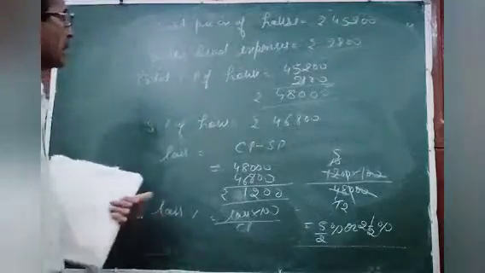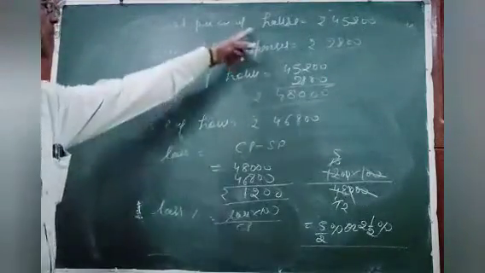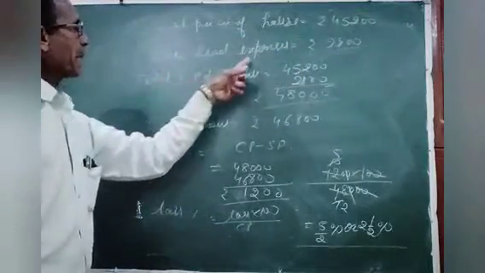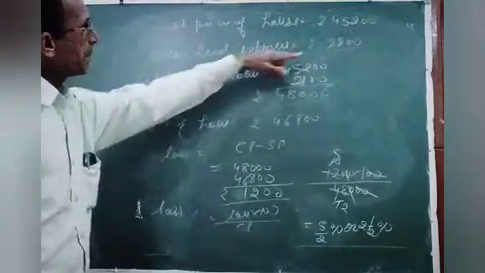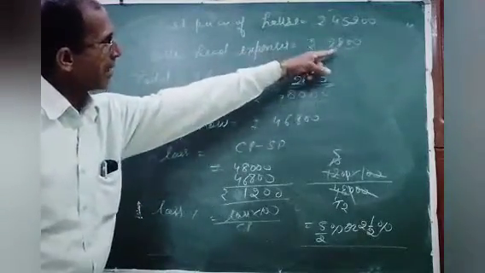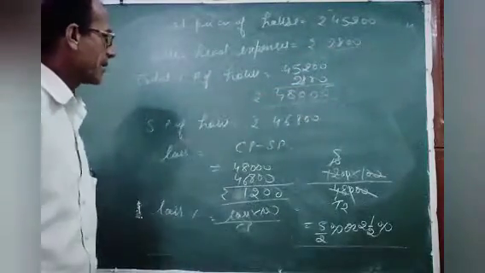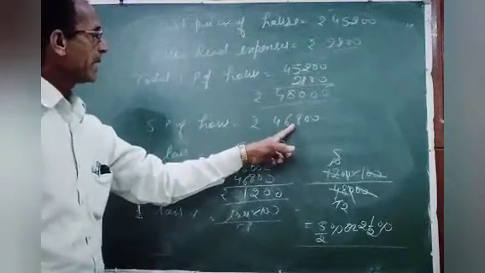This is the loss. Once again I am repeating. Cost price of house 45,200. Overhead expenses rupees 2,800. Total CP, because first he paid this amount and after that he spent this amount, so total will be 48,000. Selling price of house 46,800.